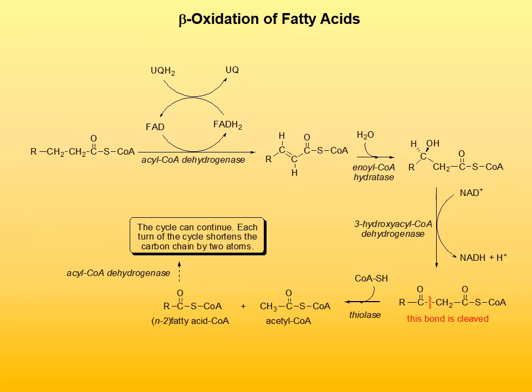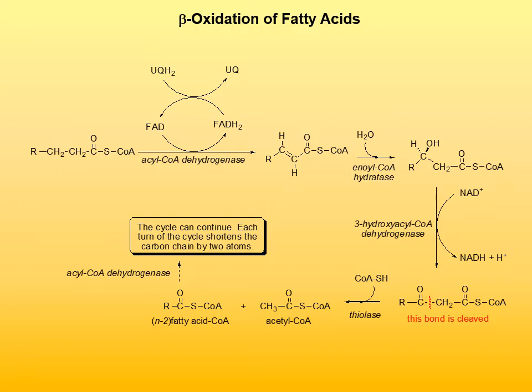For example, it takes 8 cycles to completely degrade stearic acid, that's a C18 fatty acid, and so there would be 9 two-carbon units, 9 acetyl coenzyme A units, and of course the final step produces two molecules of acetyl coenzyme A, so the last 2-carbon chain that is left also enters the citric acid cycle.